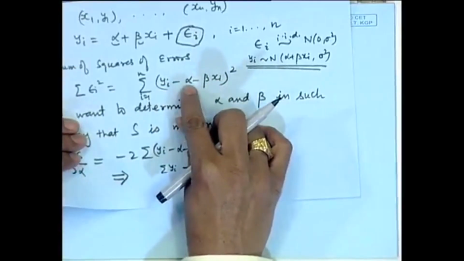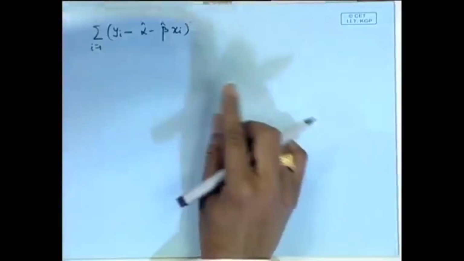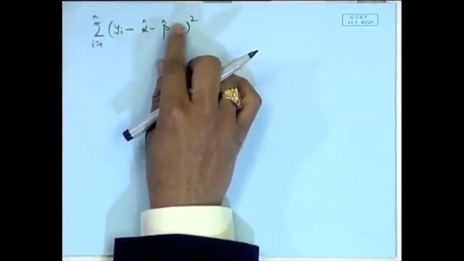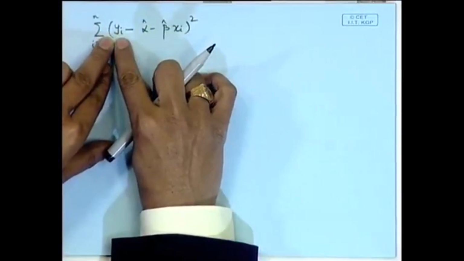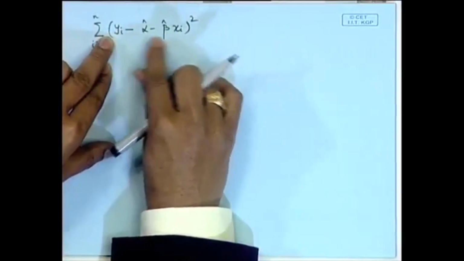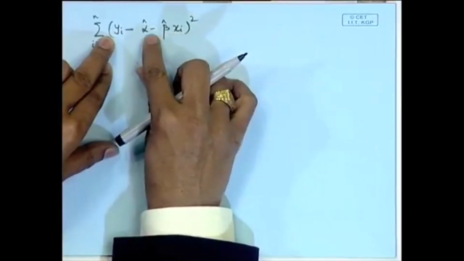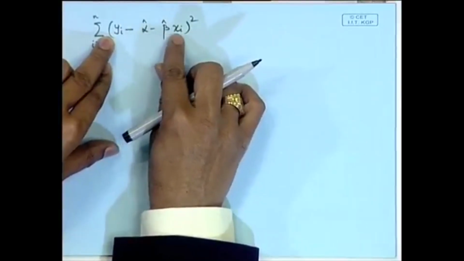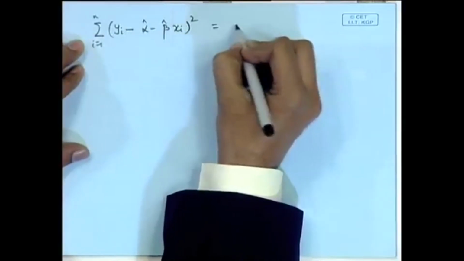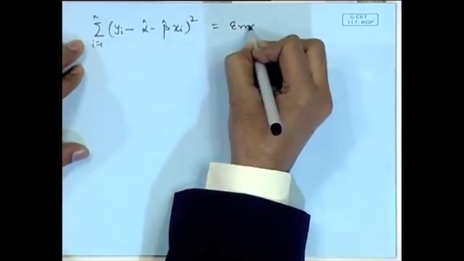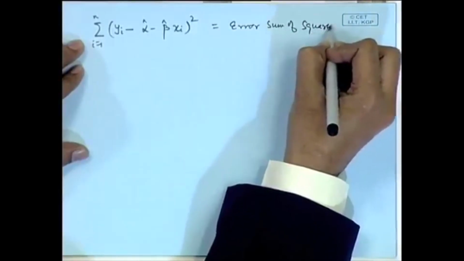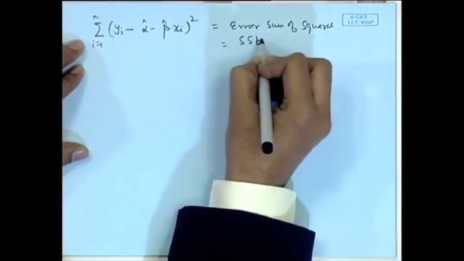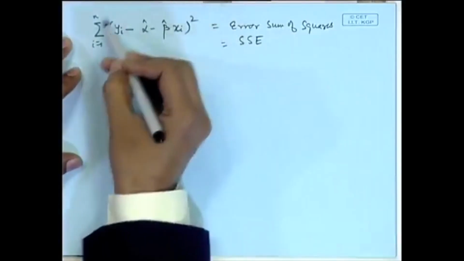Once I have estimated alpha and beta and I substitute, then this is my estimated value of y_i. This small y_i is the actual value which has been observed, whereas from the model I can estimate it to be alpha hat plus beta hat x_i. So, this is actually the error sum of squares, which we call SSE.